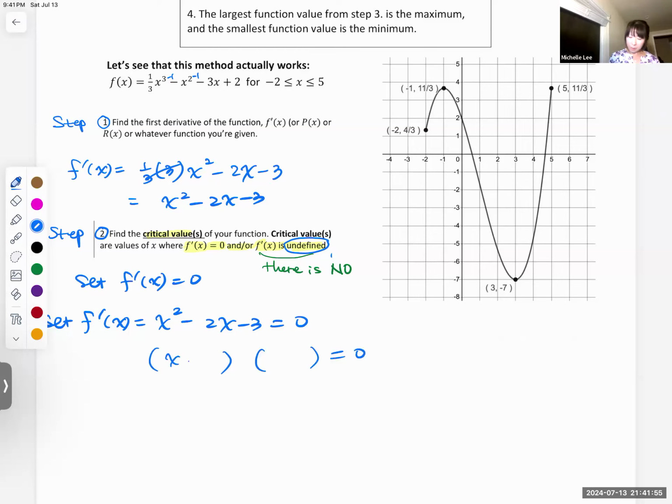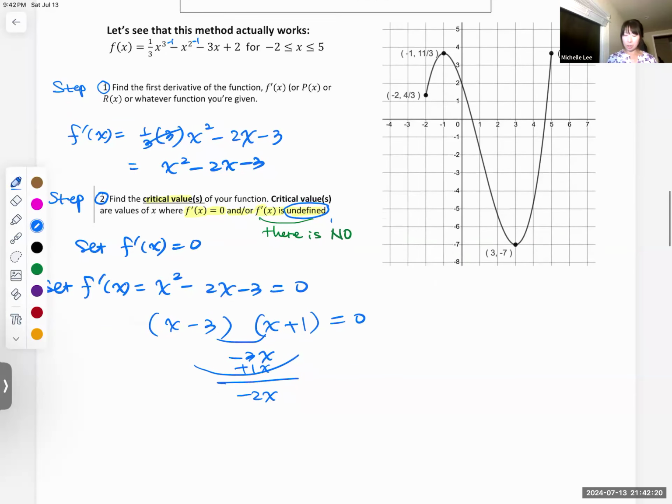There will be x minus 3, x plus 1. Let's check the answer. This is negative 3x, this is positive 1x, which gives negative 2x. We get the middle term, negative 2x. So that is the right answer.